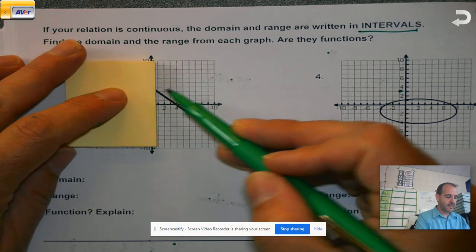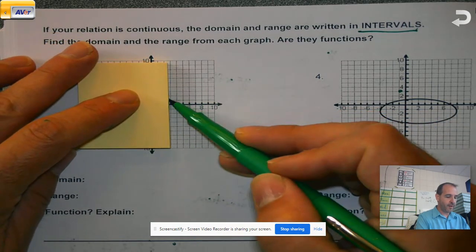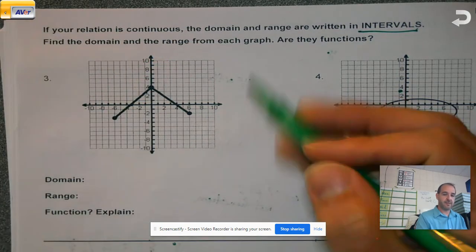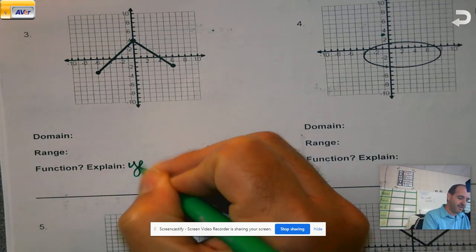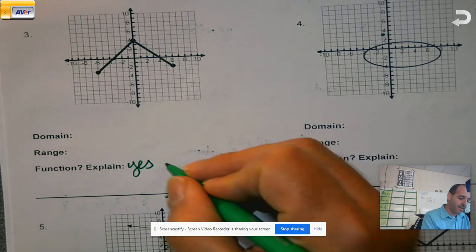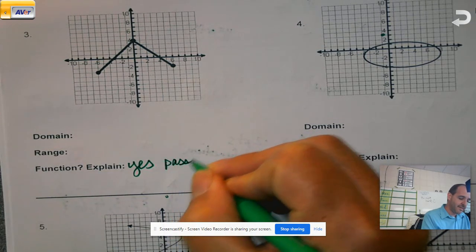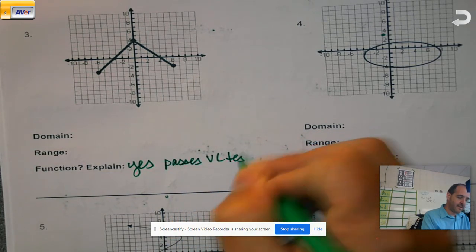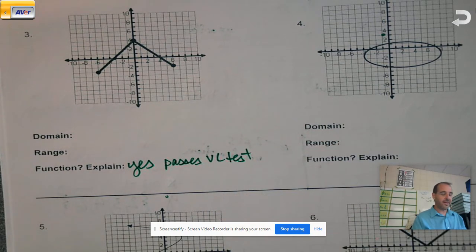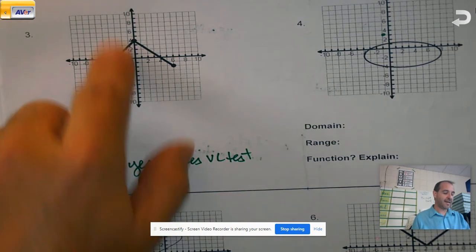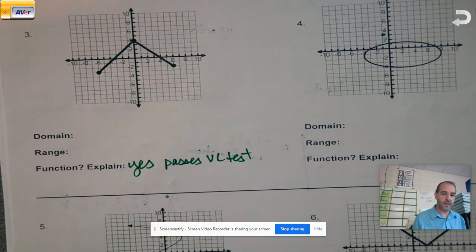And as long as it's only going through 1 point, we pass. Okay? So here, is this a function? Yep. Why? It passes the vertical line test. Okay? I only had 1 point, 1 x for each 1 y when I was putting vertical lines through it.